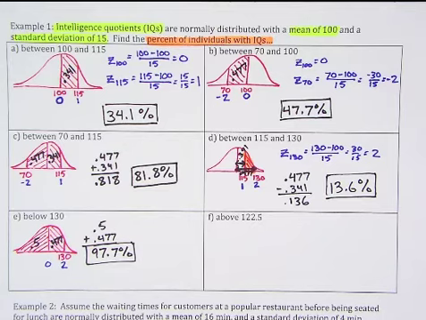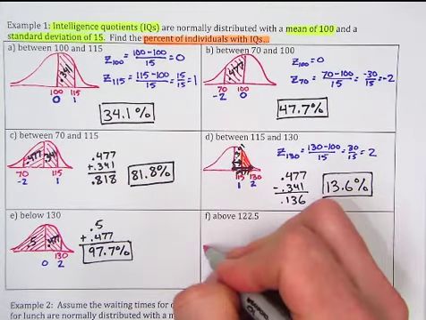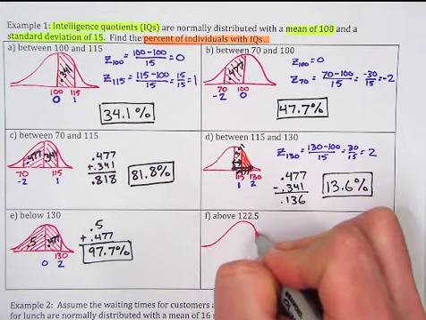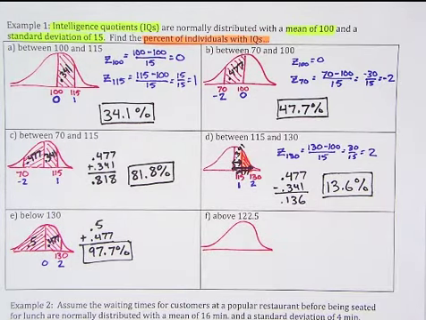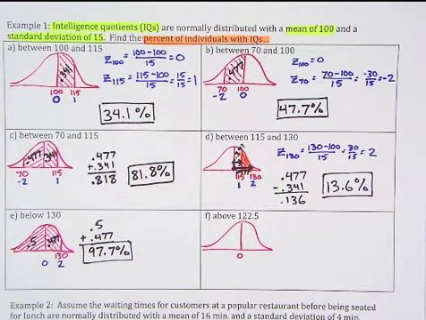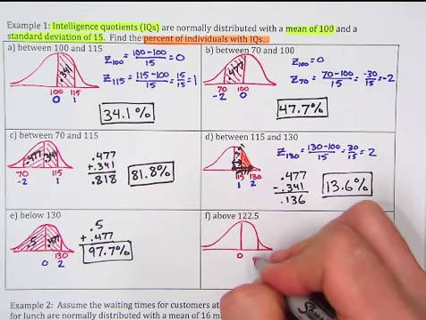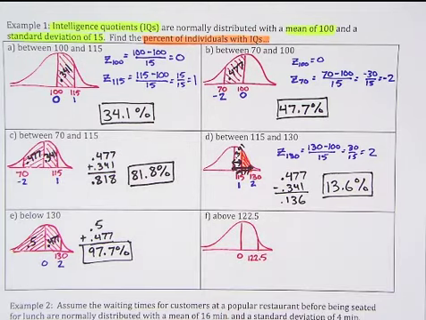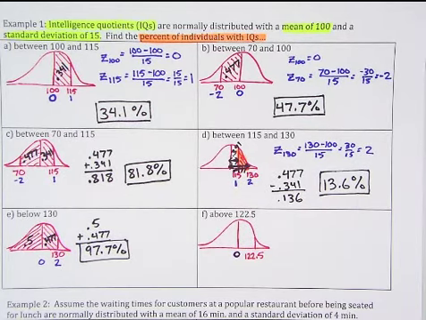We'll try one more example here with the IQ. It's above 122.5. Hopefully your drawings are getting a little better here. Here's our mean. And 122.5 is up here. So we do need to find the z-score for 122.5.